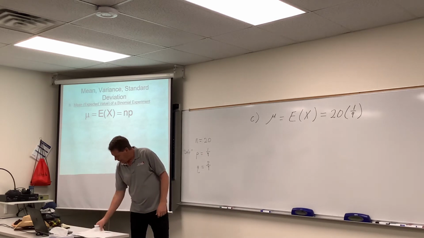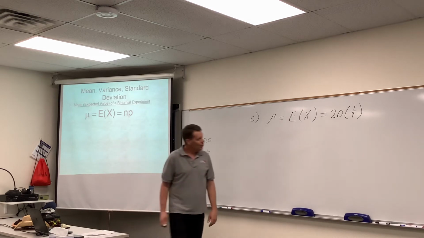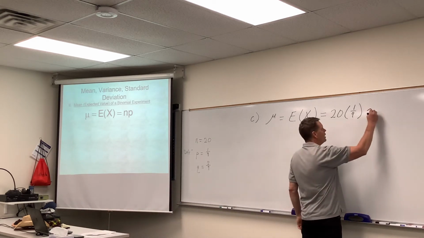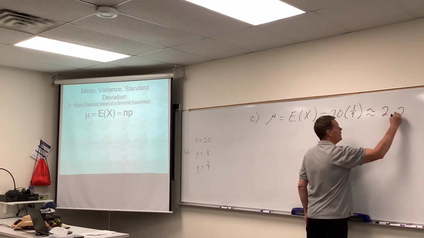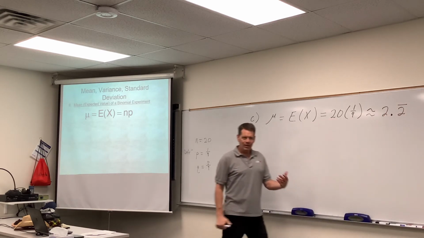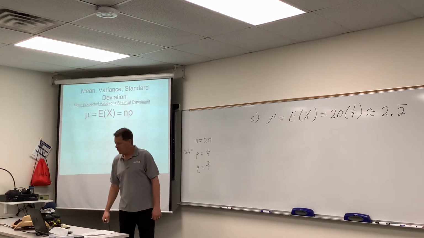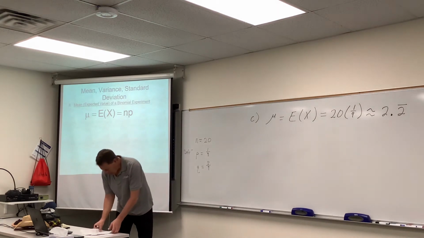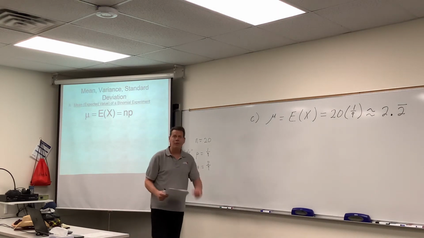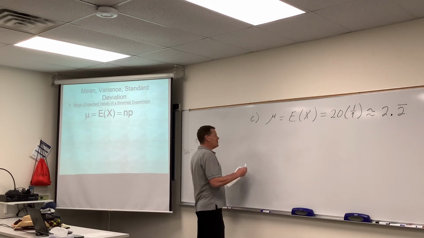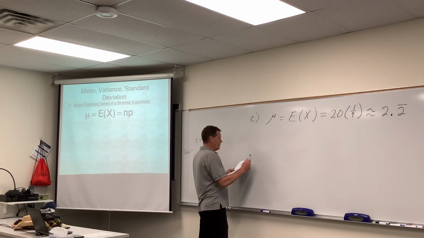I wrote this down. Yes, that would be the average number of people in a group of 20 that would be left-handed. That's how many you would expect. I think that's pretty intuitive. Maybe not. If not, just do the formula, okay? That's part C.